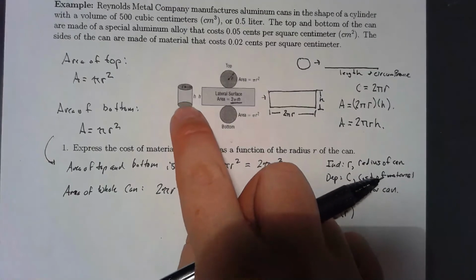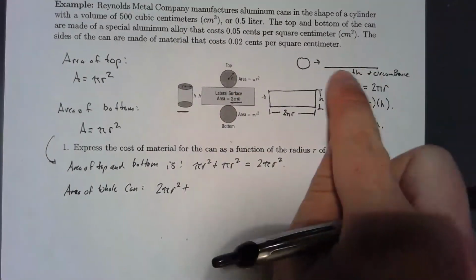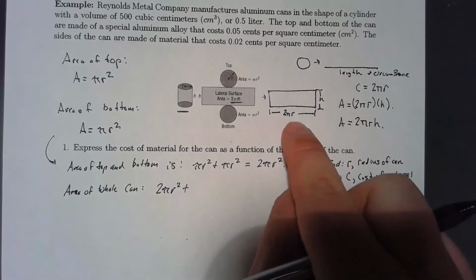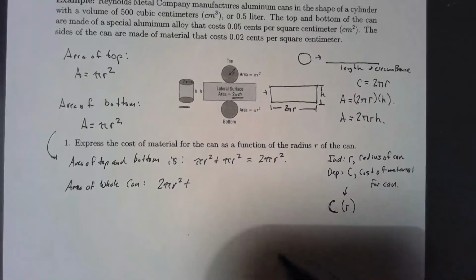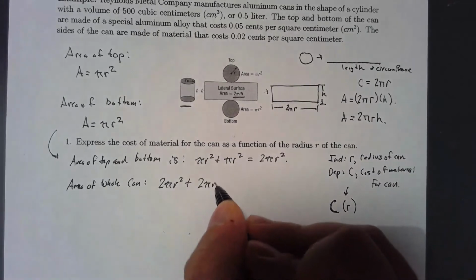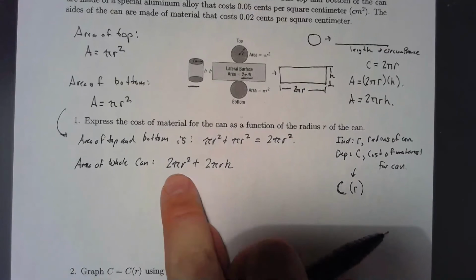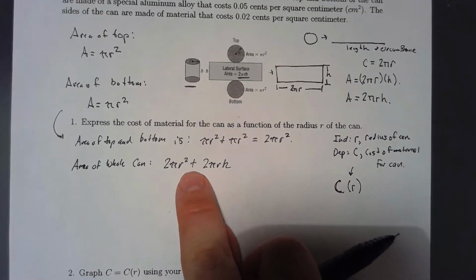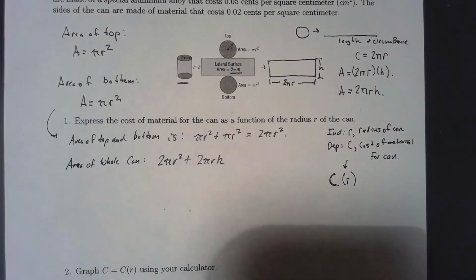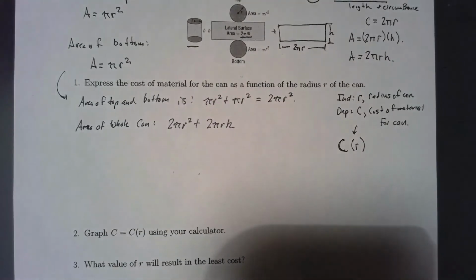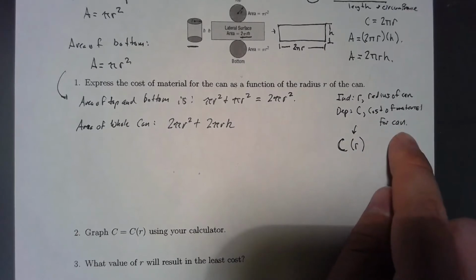If you cut the can with a pair of scissors and roll it out, you'll get a nice length, which we already found to be 2 pi r, times h. So this little formula, 2 pi r squared plus 2 pi r h, is the area of the whole can. Now I'm trying to find a function that measures the cost of the material for the can, not the area.